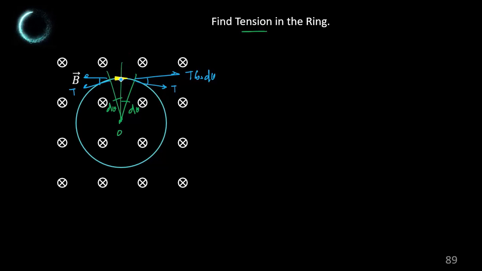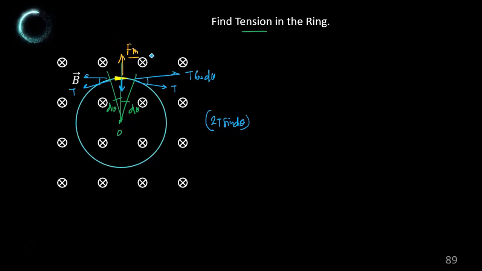So net force acting downward is basically 2T sin d theta. So 2T sin d theta is the net force acting inward and it is balanced by the outer force, that is the magnetic force.